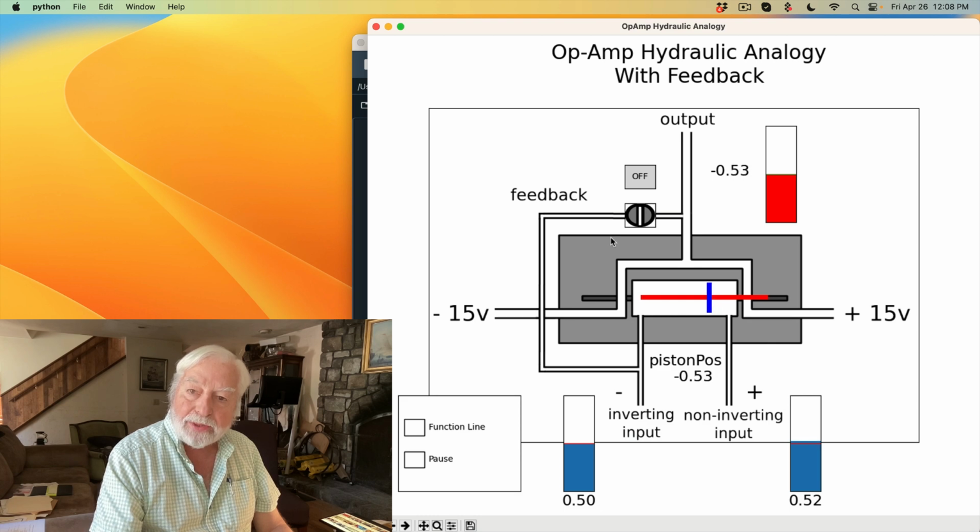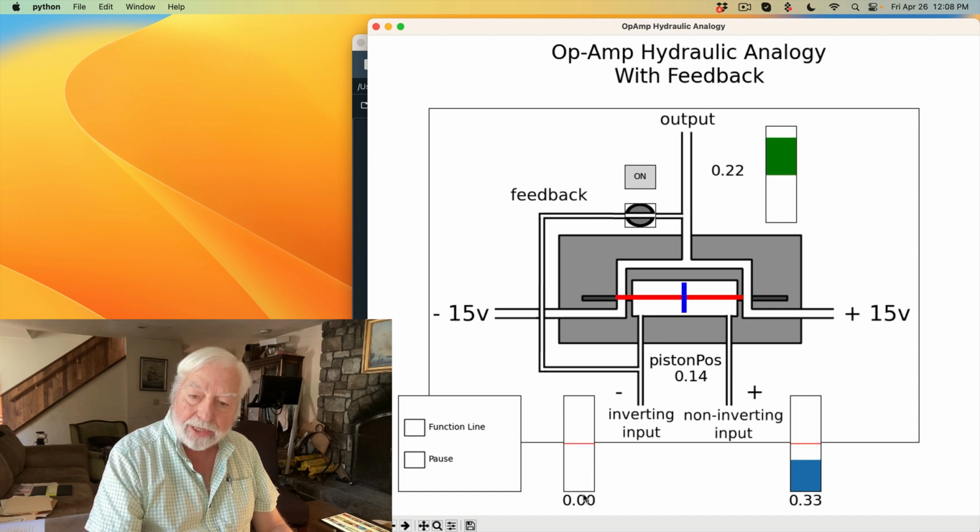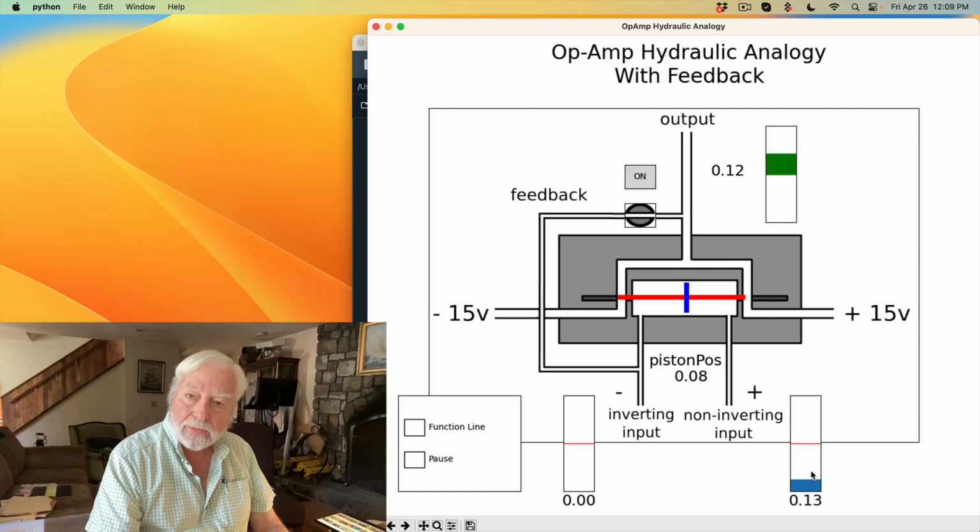But if I open the feedback valve, now you'll see that the output grows or shrinks proportionate with the input. In fact, if I move the inverting input to 0, then the output becomes proportionate to the input. And if I close the valve, it goes back to the bang-bang behavior.